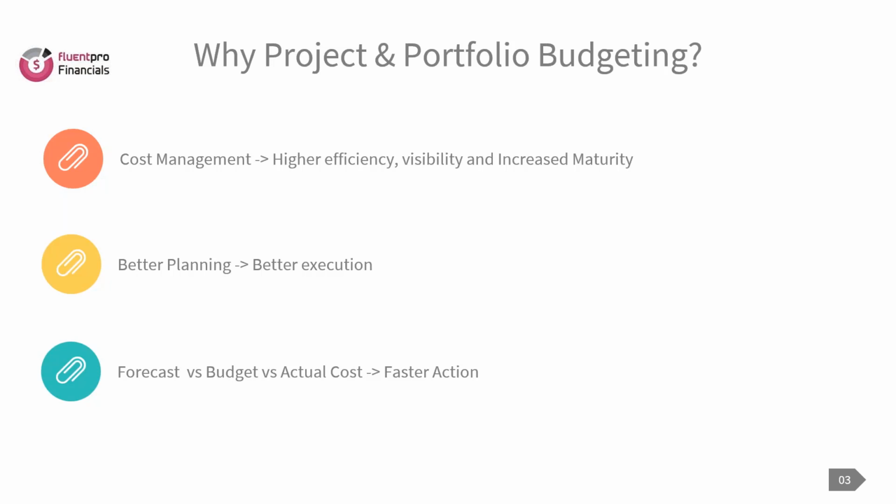So based on that analysis, if there is a change in the budget, a change in the project execution timeline, or some unexpected costs, management can identify those changes very quickly and can act on them.